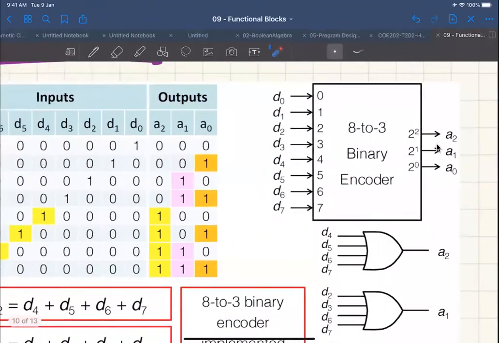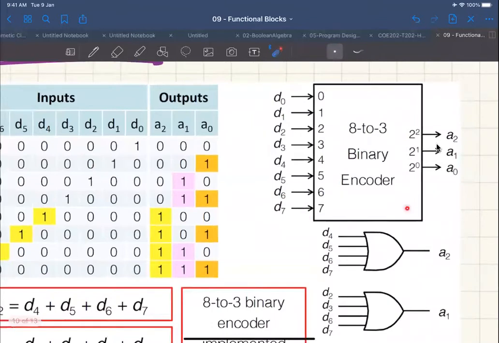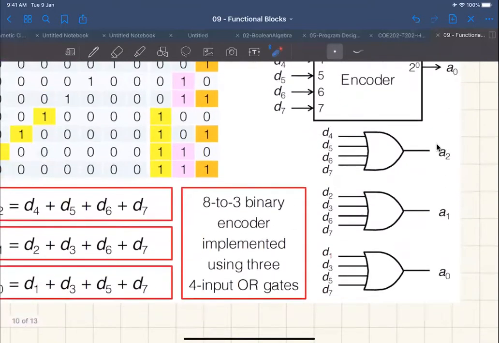And here you go. This is the black box symbol for your encoder, and this is the implementation of your encoder. We're just showing the implementation using 4 input OR gates. Any question here? Oh, it's clear.